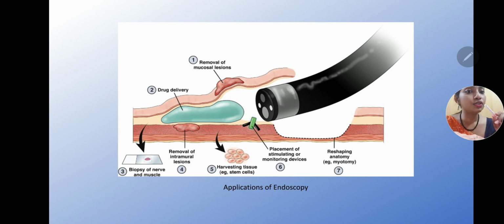It can be used for removing intramural lesions. It can be also used to harvest tissue, especially if you are looking for stem cells. And it can be used to place and stimulate monitoring devices inside the body. Also, it can be used to shape the anatomy. This is some sort of a plastic surgery itself. So if you are doing it for muscles, then it is known as myotomy.